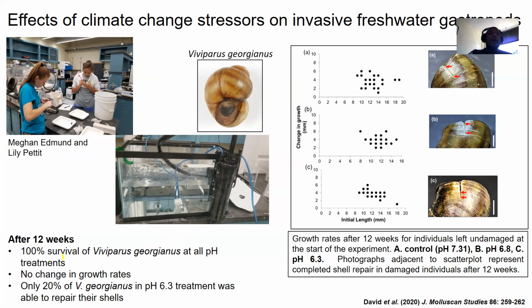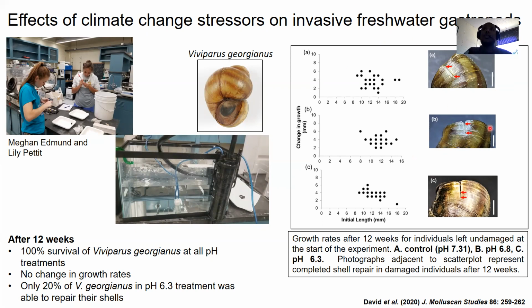And one of the things we found was that after 12 weeks, there was no change in survival. So all of these snails survived those wide differences in pH. There was no change in the growth rates, as you can see from the scatter plot. And also, we decided to make incisions in the shell, so we intentionally damaged the shells of these snails.